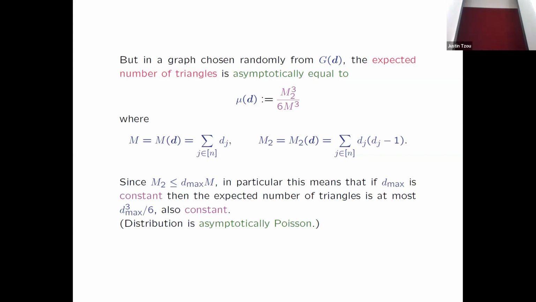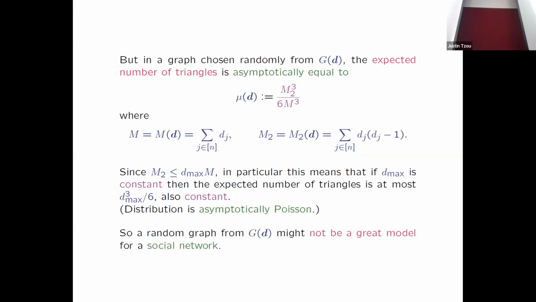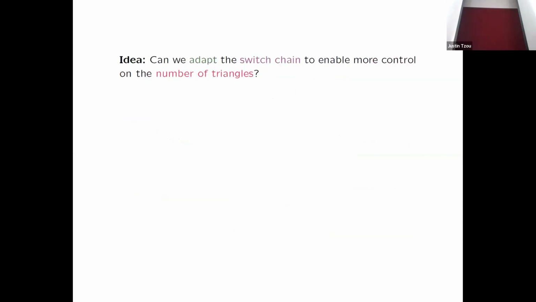In particular, if d max is constant or not very big, then the number of triangles is also going to be constant or at most not very big cubed, right? And you get an asymptotically Poisson distribution of the triangles in that case, even for slowly growing degrees, because the number of rare events is asymptotically Poisson. And this is not the sort of number of triangles we want to see. This is too small. So if you're interested in a social network, then a random graph from G(D) might not be a good model, even if the degree sequence is correct.